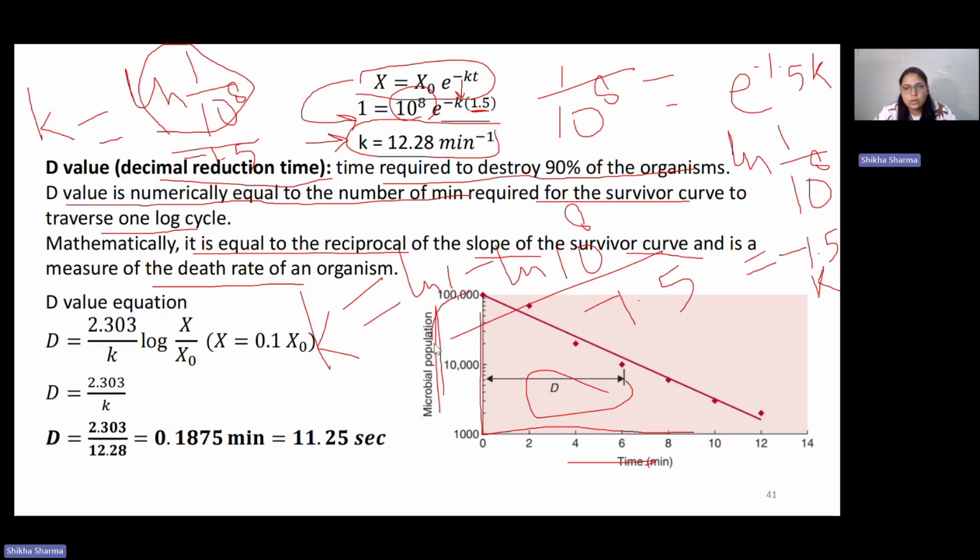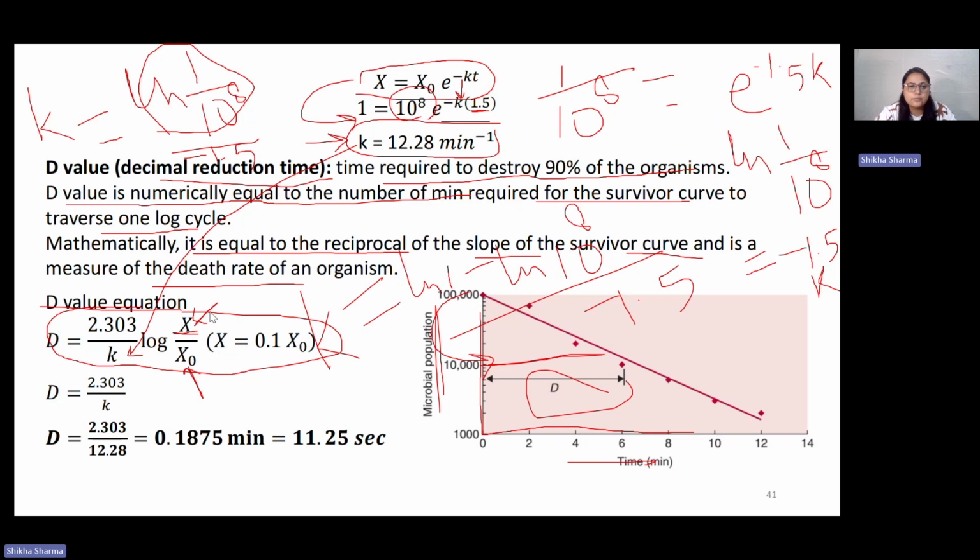So one log cycle reduction, how much time is required? That is the D value. The D value equation is D equals 2.303 divided by k, times log X naught by X. Here X naught is the initial population and X is the final population.